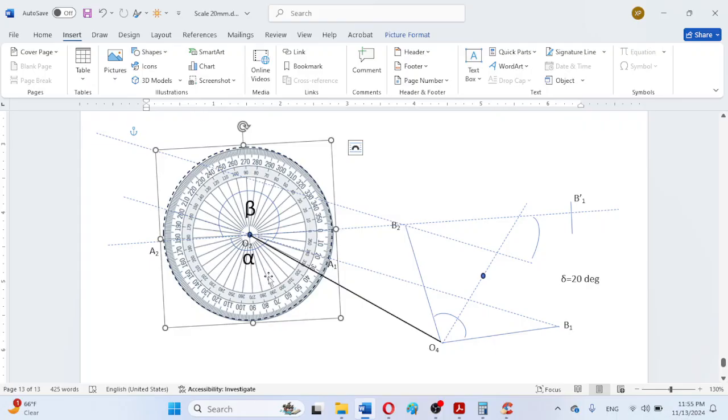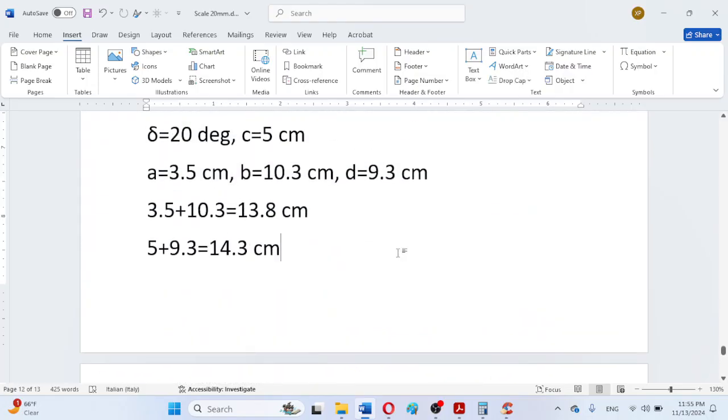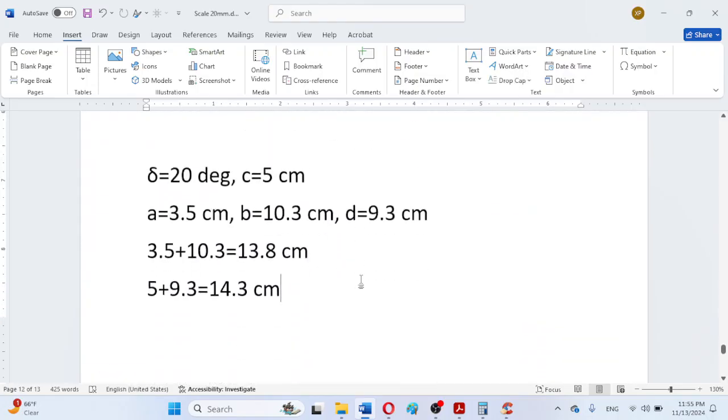In this way angle alpha and beta have been mentioned, or we can also define here the time ratio.